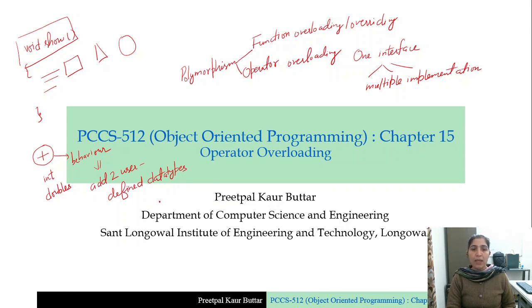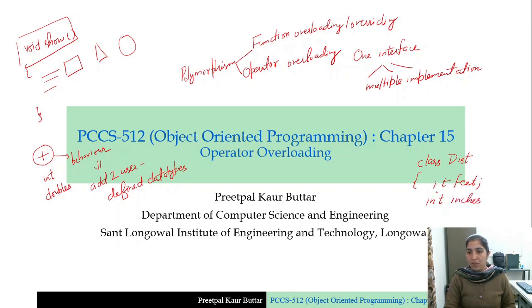What do we mean by user defined data types here? For example, the class distance. We are very familiar with this class now. This class contains two data members, int feet and int inches.